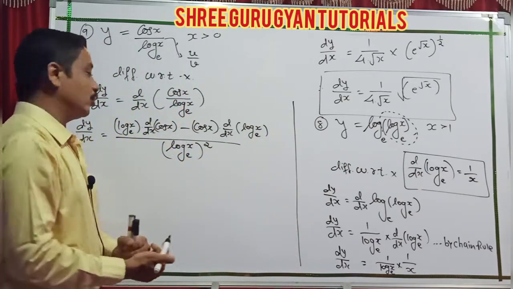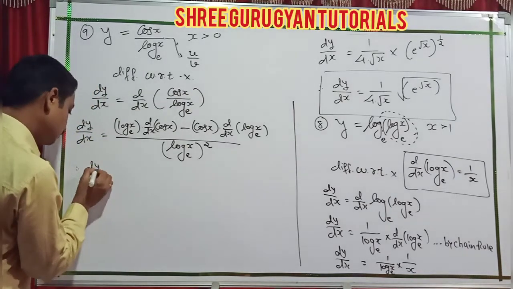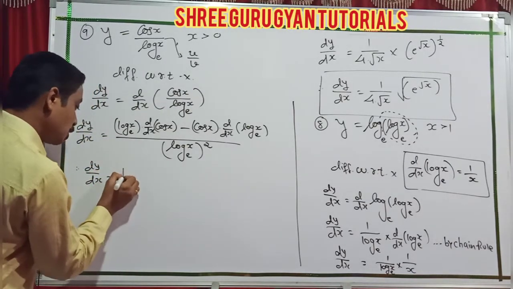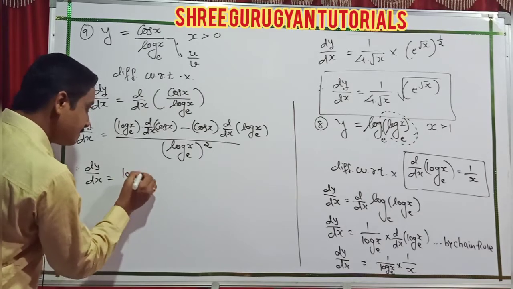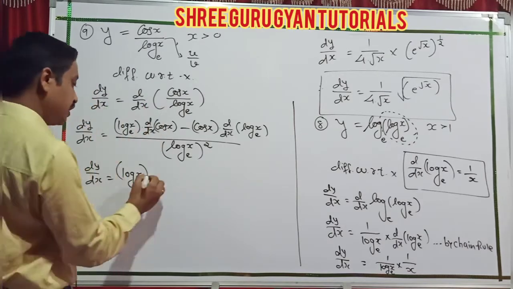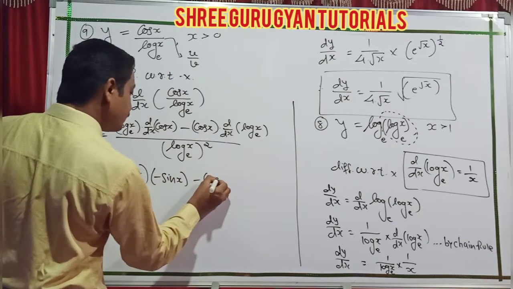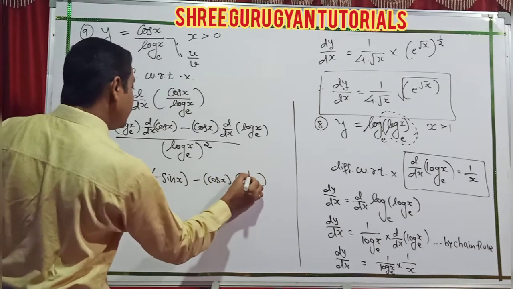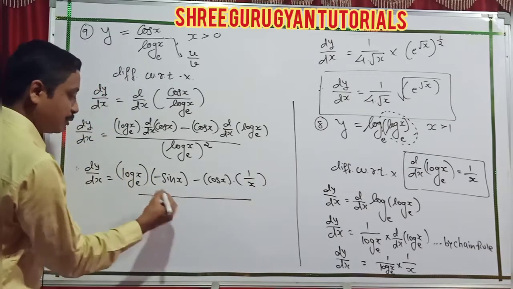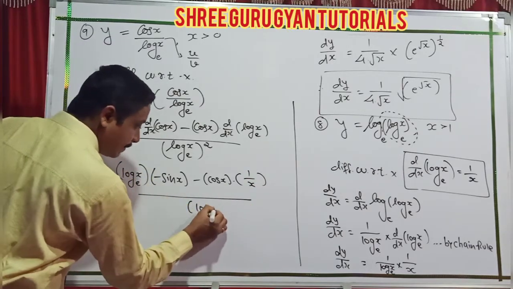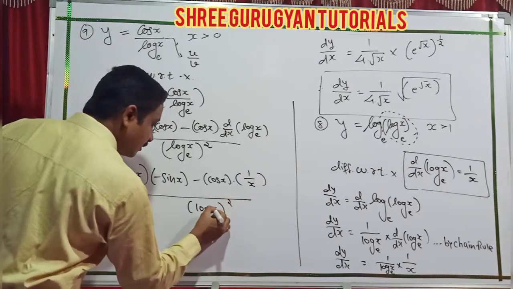Now I am going to the formula. So log x base e is the same in the denominator. What is the numerator derivative? Cos x derivative is minus sin x. Now log x derivative is 1 by x, and upon log x base e whole square as it is.